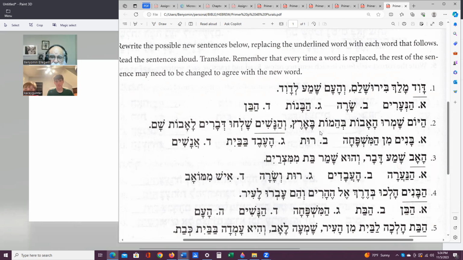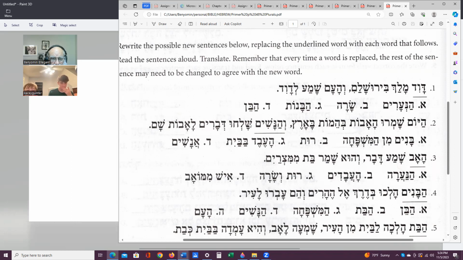Now here's another example. Hayom shomru ba'avot behemot ba'eretz. The root, you've got a feminine, you've got a girl doing the work. And here's the work that the girl is doing.